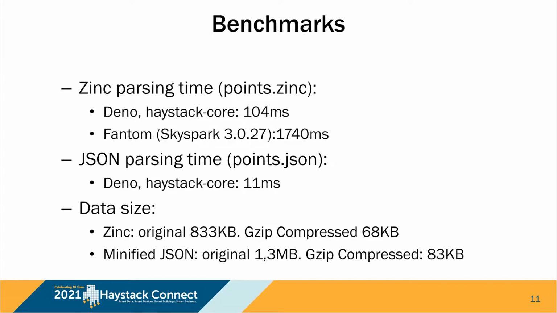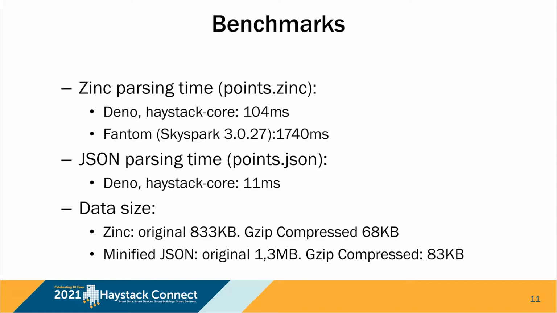So we did a bunch of benchmarks before, and as it shows the difference in performance, especially when you have a native JSON parsing, it's quite considerable. We use the Haystack core libraries that Gareth presented yesterday, and as you can see, the difference is quite considerable.